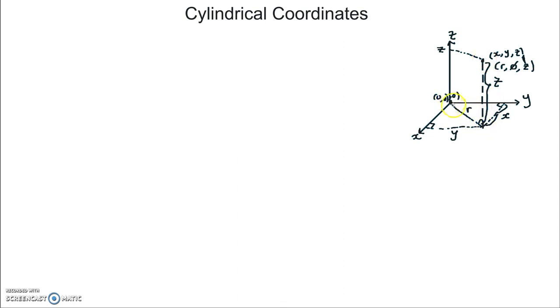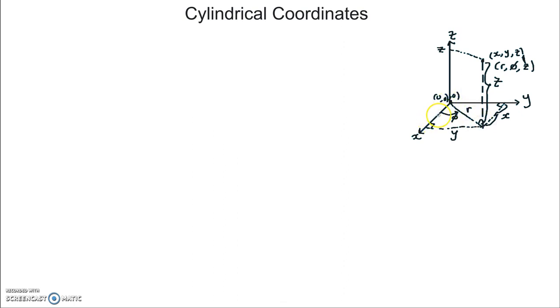And the angle that this line here makes with the x-axis is called phi. So this r here is the distance from the origin to the projection of the point down onto the xy plane, this line here. Phi is the angle that that line makes with the x-axis.